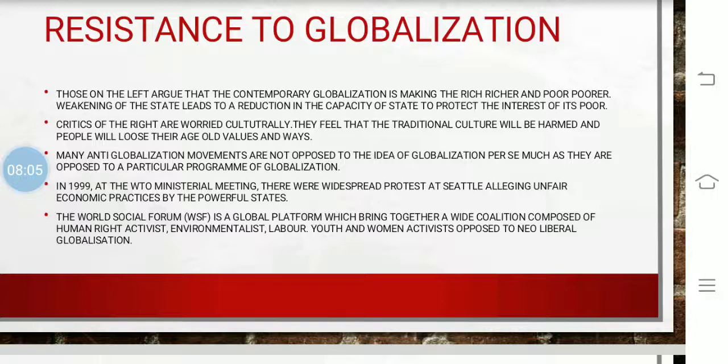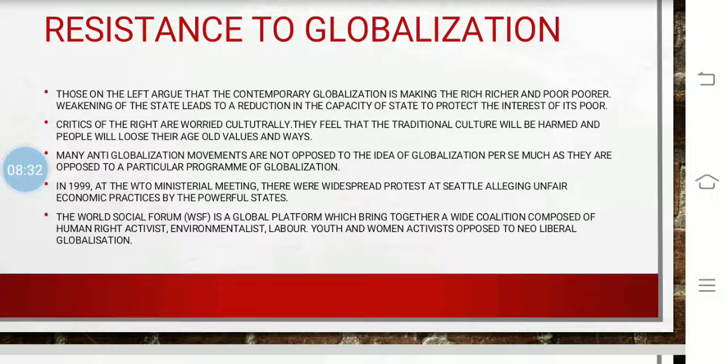Now those on the left argue that globalization or capitalism makes the rich richer, the rich are getting richer and the poor are getting poorer day by day. Because of these MNCs, the companies, the food seller or the vegetable seller are not getting as many customers as the retailers or the MNCs.